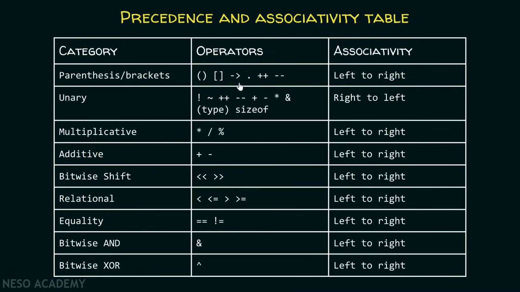Suppose we find this operator as well as this operator within an expression, then of course the associativity would be the same, left to right. It doesn't make sense that this particular operator has left to right associativity and this one has right to left associativity. Similarly, all these operators have the same precedence, therefore their associativity would also be the same, that is right to left. And similarly, this concept is applicable to all the other operators as well.